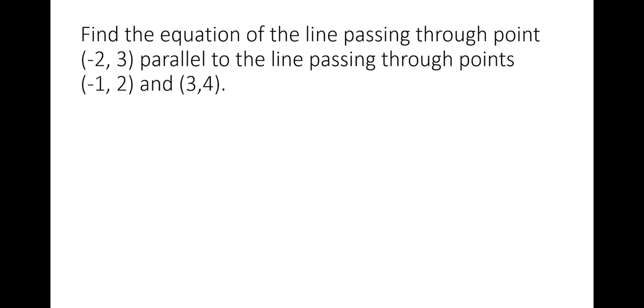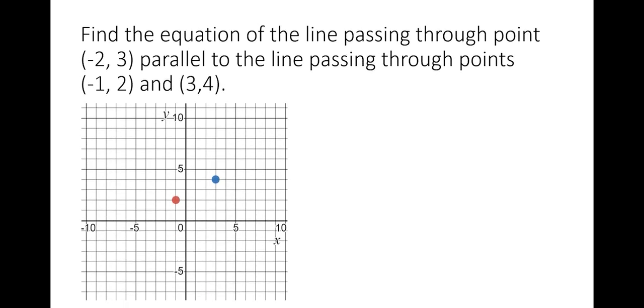Now we are going to use the graph to find the equation of the parallel line and see if it's the same. So we already have the plotted points. Let's find rise over run for this one, where the line passes through -1, 2, and 3, 4.